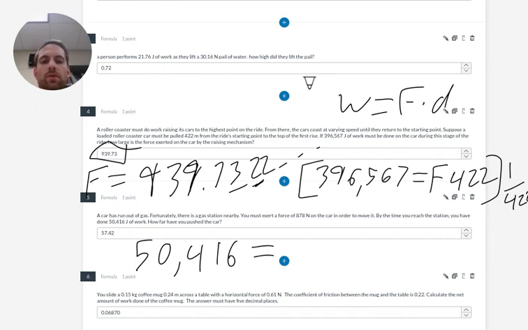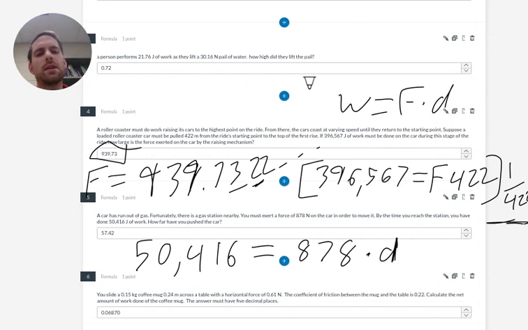And that equals force times the distance, or 878 times my distance, which I don't know. And from here, I can just divide both sides by 878. Same thing as up here where I solved for force. This time we're solving for distance. Same idea. So divide by 878 on both sides.